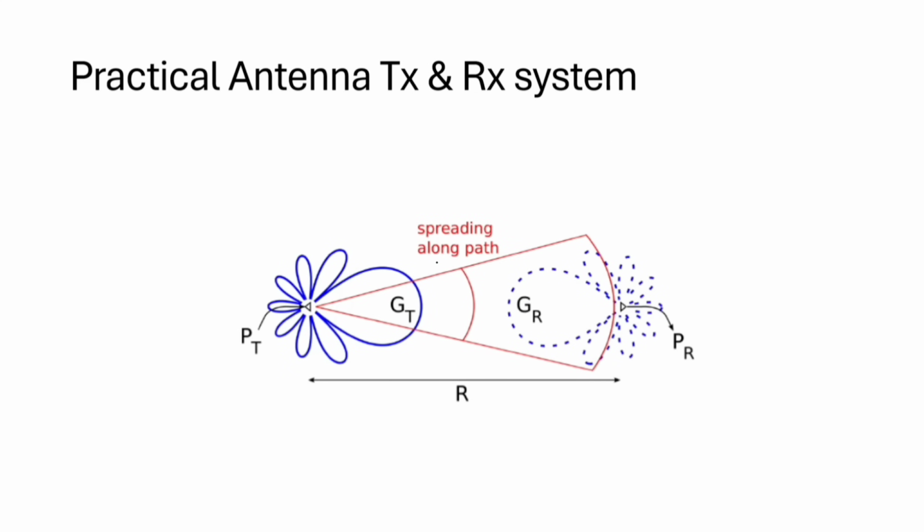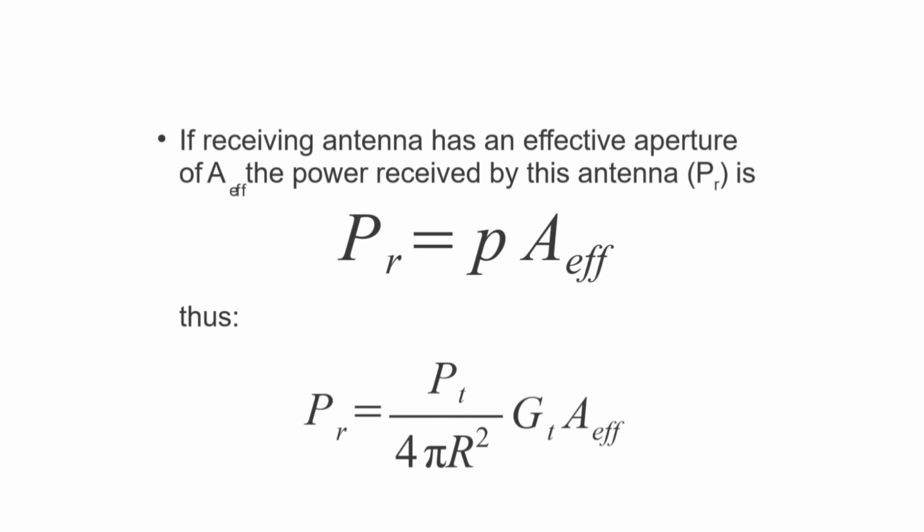This is a practical antenna transmitting and receiving system. Practically, the antenna has a back lobe, side lobe and front lobe, which is the GT gain of the transmitting antenna. Same at the receiving side, we have GR, the receiving antenna gain, with the back lobe and front lobe. The distance between the two antennas is R.